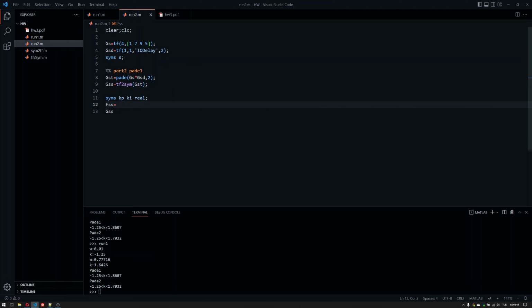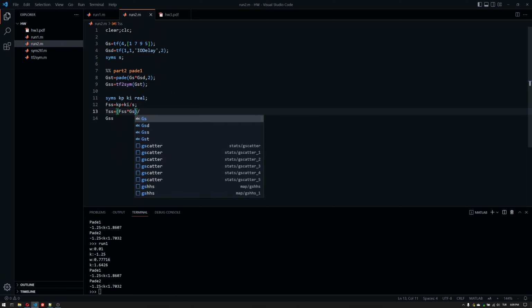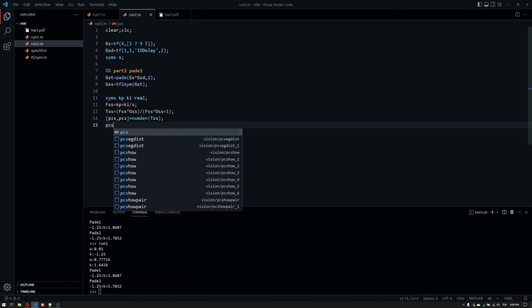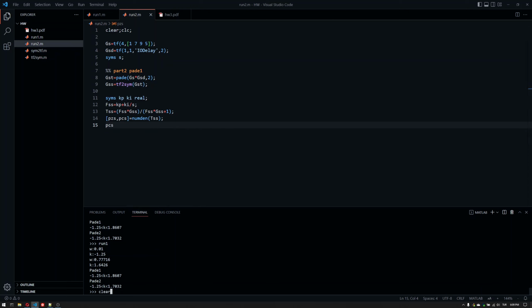Therefore, our controller will be KP plus KI divided by S. And then the closed loop will look like the following: FSS times GSS plus 1. Now we need PZS and PCS equals num then DSS. And then this would be the result here.